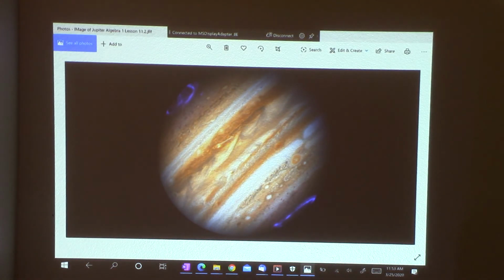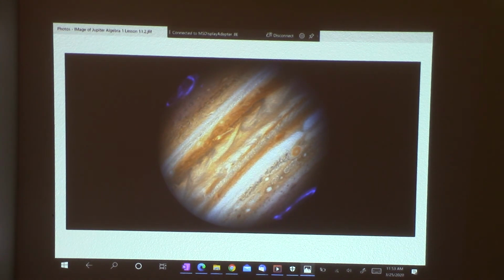Okay, so this is a picture of the planet Jupiter. Look at how cool that is. I just can't imagine. It is gigantic. All right, so we're going to do a word problem that references that planet.